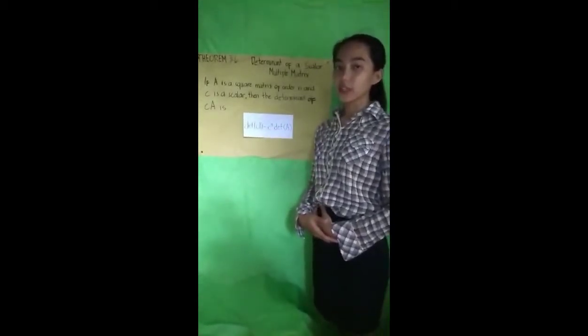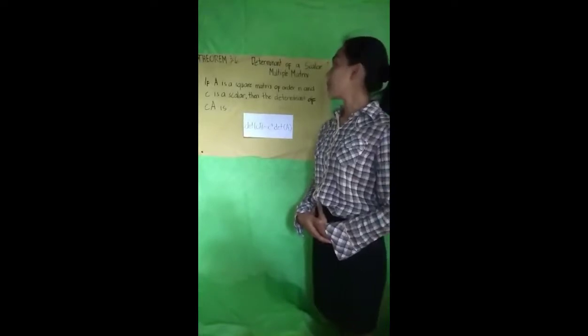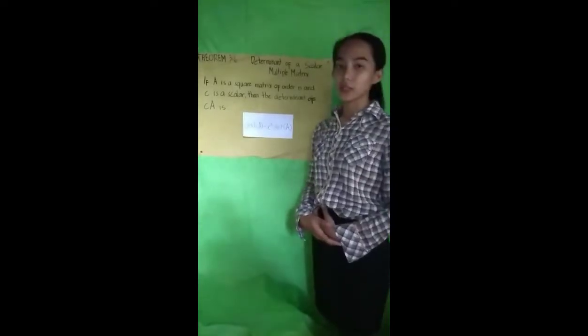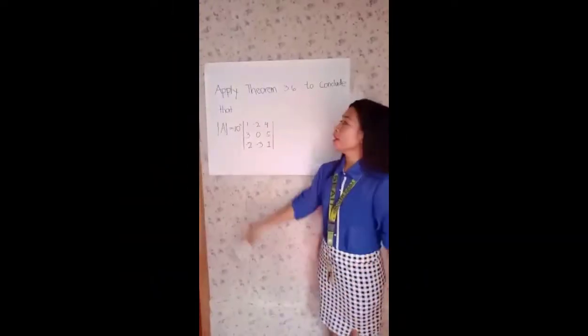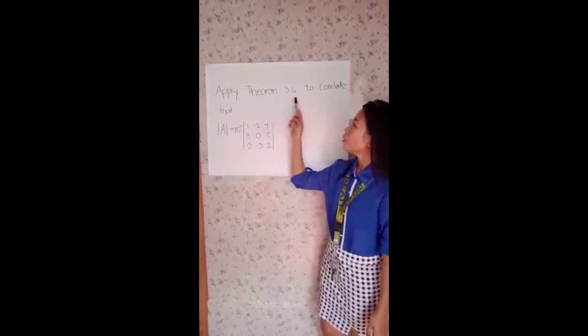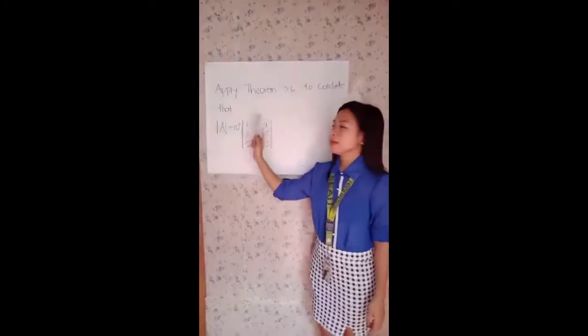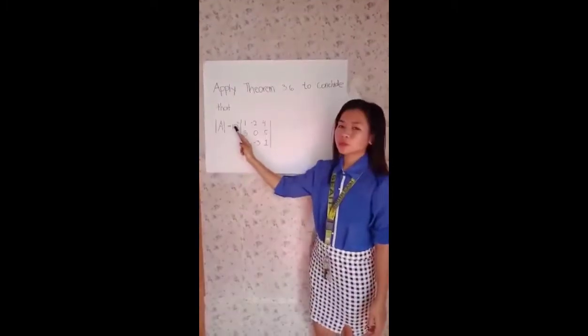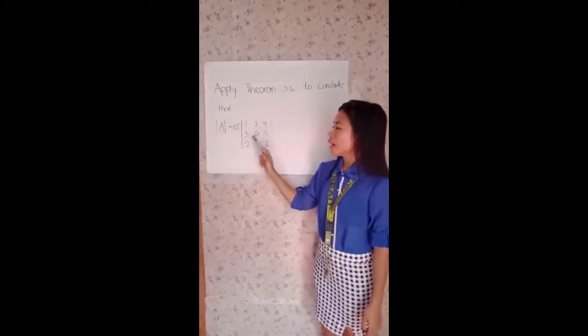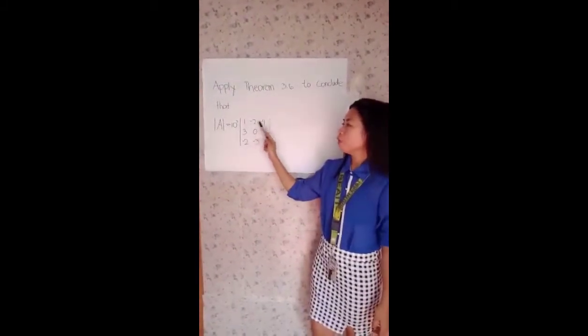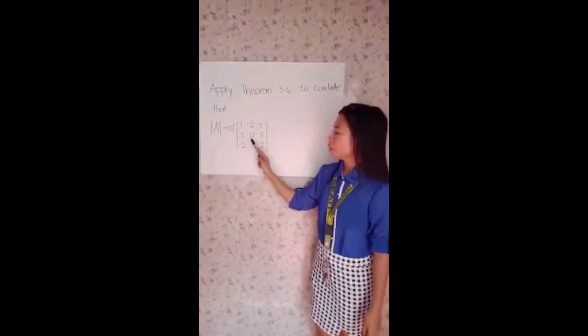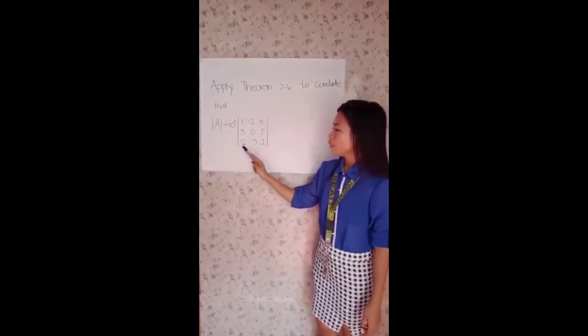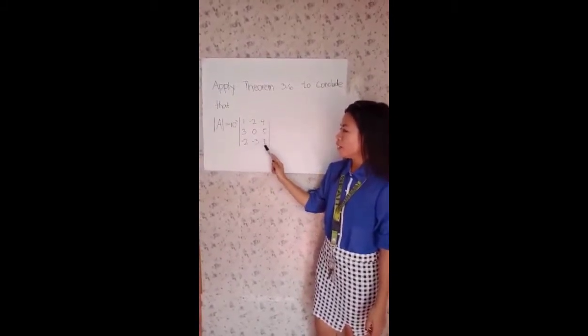Here is the given example of determinant of a scalar multiple matrix that will be explained to us by Miss Kalim and Miss Dana. So let's apply Theorem 3.6 to conclude that the determinant of matrix 10A is equal to 10 raised to 3 times the determinant of A. So we have 1, negative 2, 4, 3, 0, 5, negative 2, negative 3, and 1.